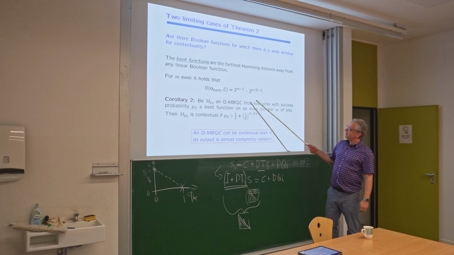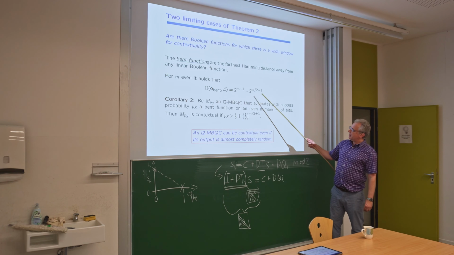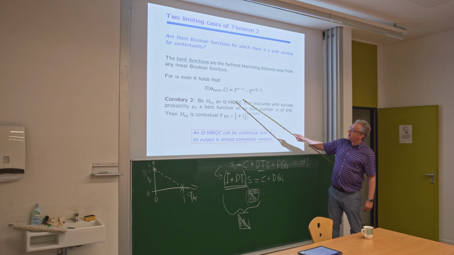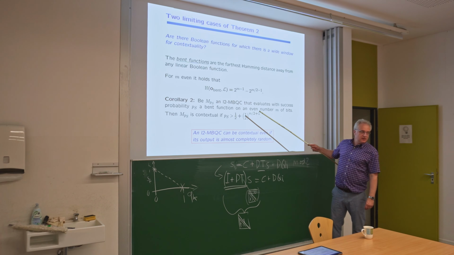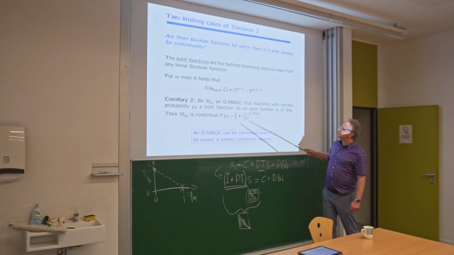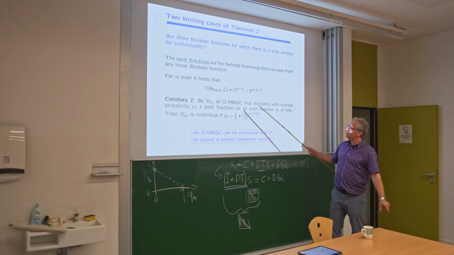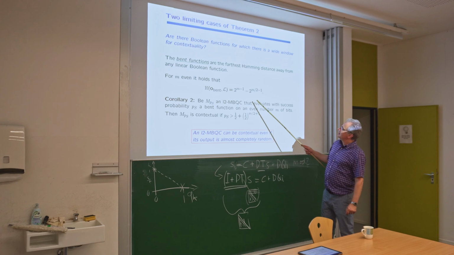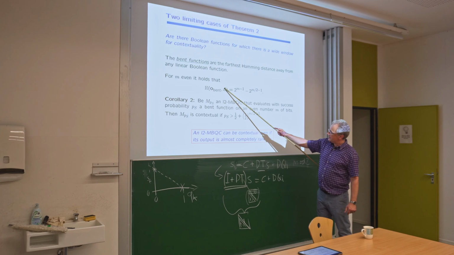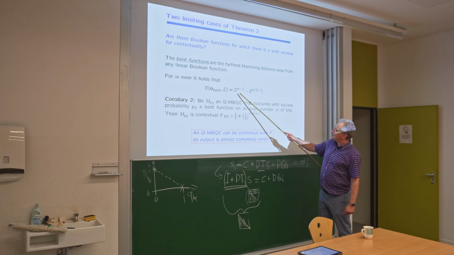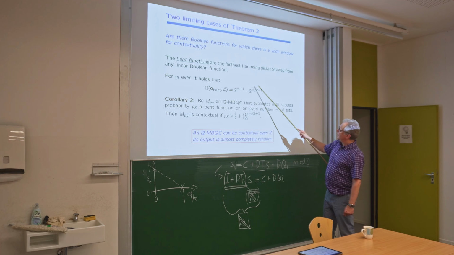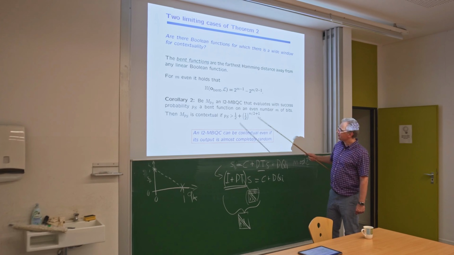But at any rate, the bent functions are the functions that are the largest distance away from linear Boolean functions, and it is known what that Hamming distance is. 2 to the m would be the maximal Hamming distance between two m-bit Boolean functions. So that distance to the closest linear function is 1/2 of maximal, so 2 to the m minus 1, minus an exponential correction term that has m over 2 in the exponent, essentially, rather than m.